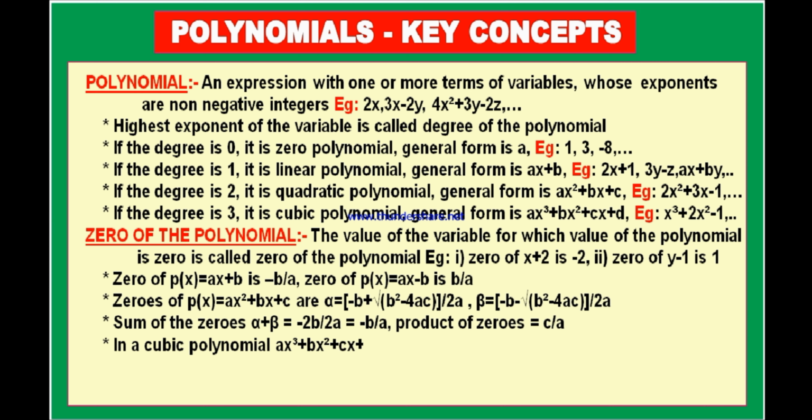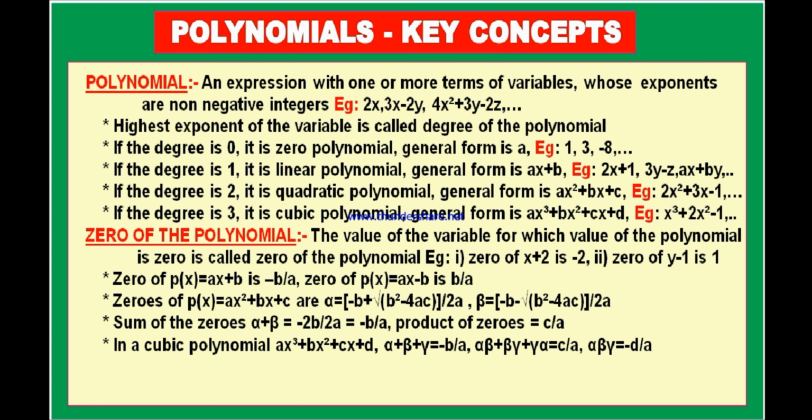In a cubic polynomial, ax cube plus bx square plus cx plus d, this is the general form of a cubic polynomial. Now, if it is a cubic polynomial, the degree is 3, then there may be at most 3 zeros. And all the 3 zeros may be represented by alpha, beta and gamma.